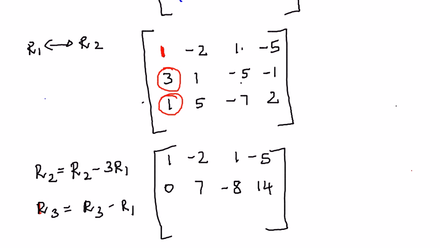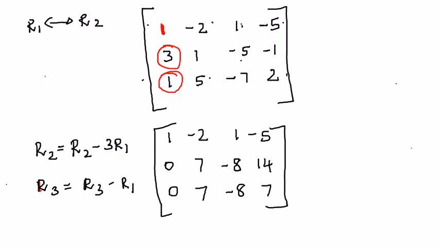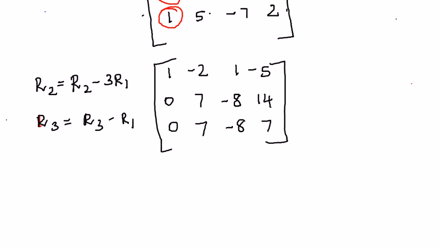So 1 minus 1 is 0. 5 minus of minus 2, so 5 plus 2 is 7. Minus 7 minus 1 is minus 8. And 2 minus of minus 5 is 2 plus 5, so you get 7 here.